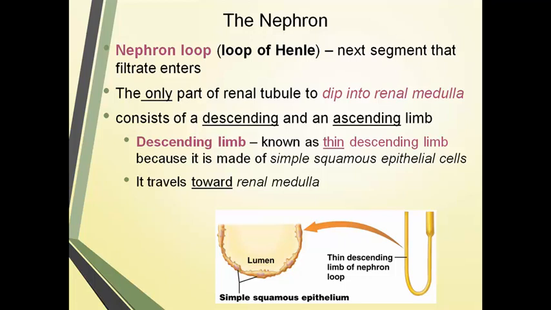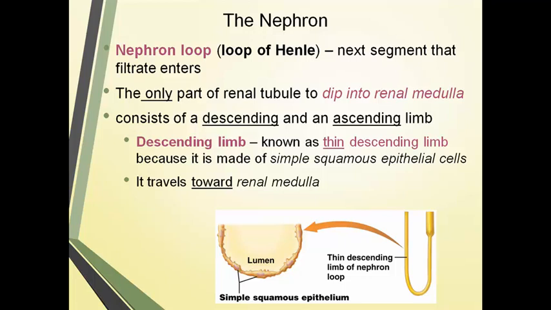The nephron loop, once known as the loop of Henle, is the next segment, and I told you you have two parts to it. You have the descending part and then the ascending side. The only part of the nephron that will actually dip into the renal medulla area is the nephron loop. That will come back up when we talk about the countercurrent multiplier.